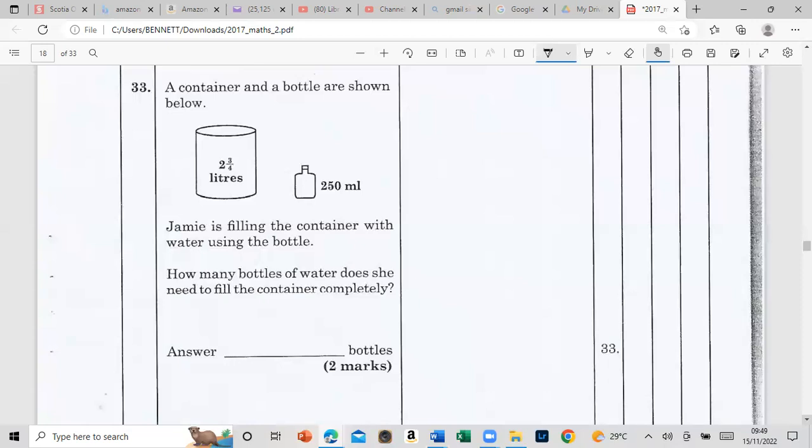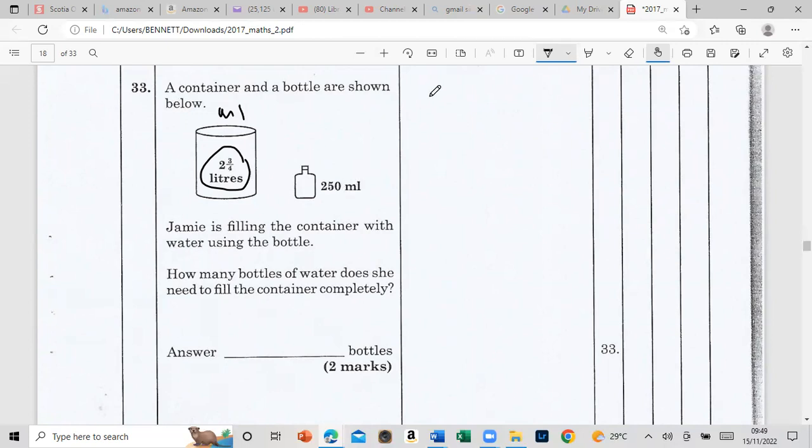Alright, so I'm going to convert this 2.75 liters to milliliters, make it easier. Alright, so it takes 1,000 milliliters to make 1 liter.